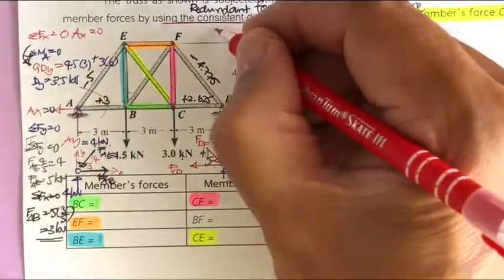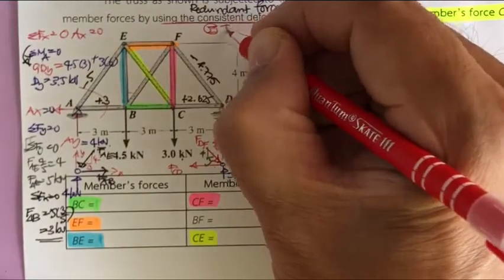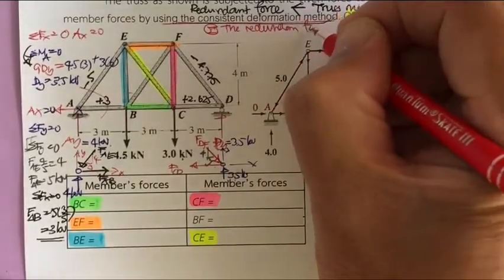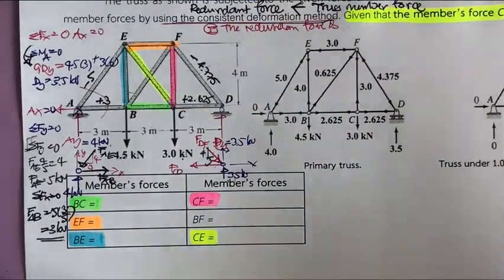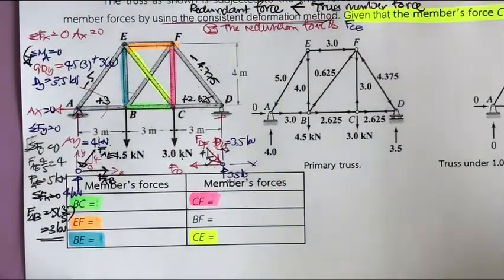Okay, so the redundant force is F sub CE, the first step, and the truss.